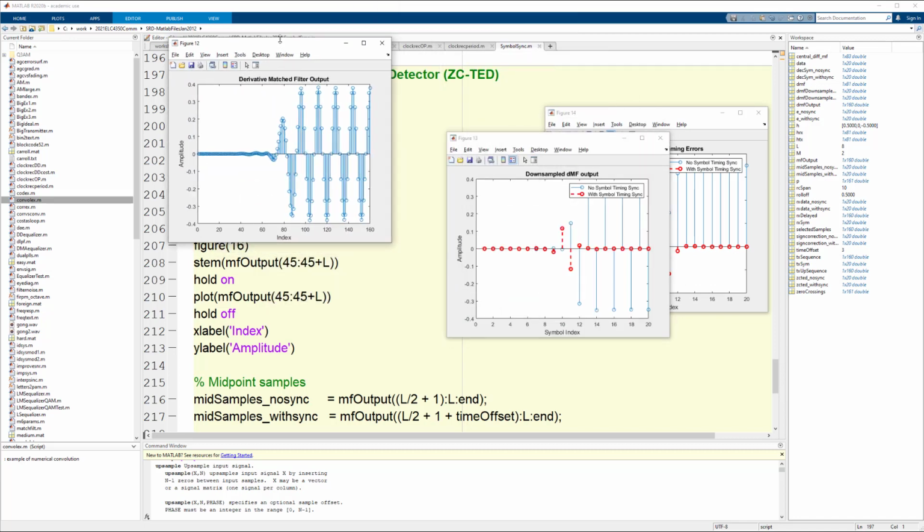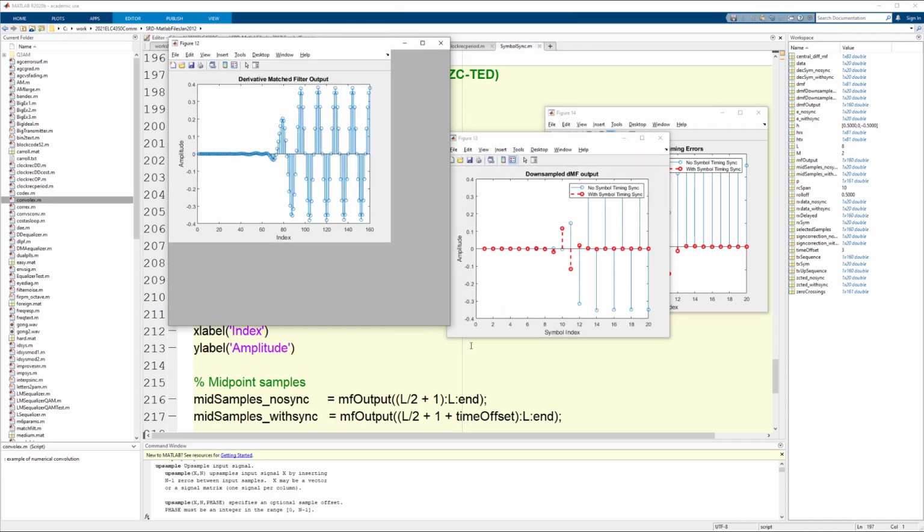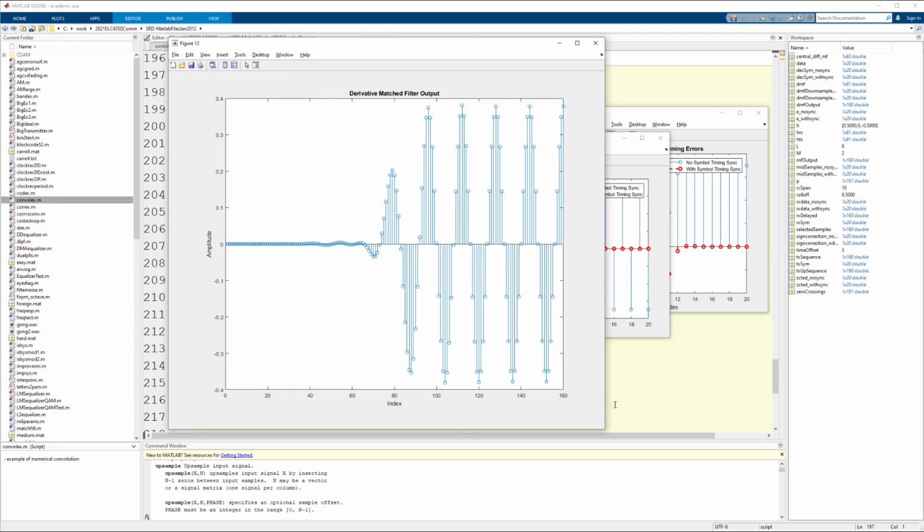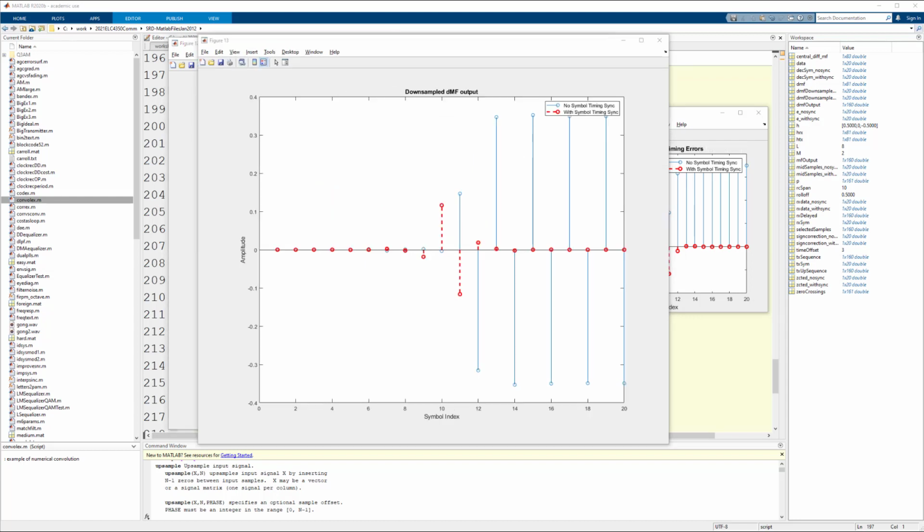So we have here on figure 12, that is the derivative matched filter output. In figure 13, we see that is the downsampled DMF output. As we mentioned, if I have perfect symbol timing, this output should be 0 because that is the derivative matched filter output.